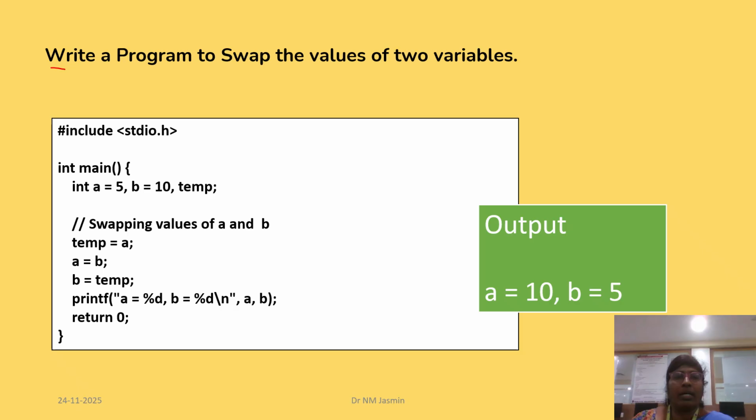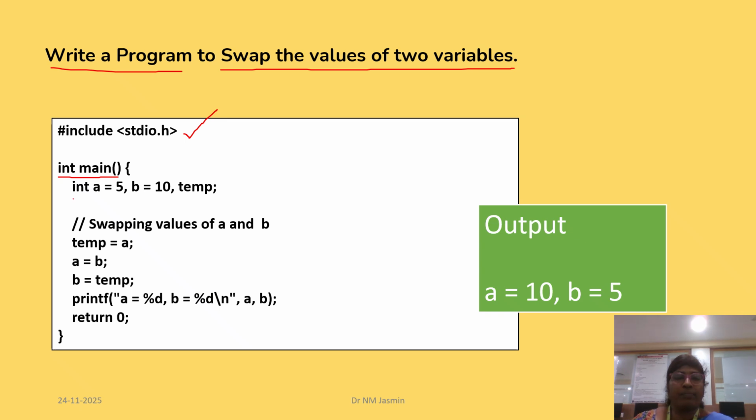The next program is to write a program to swap the values of two variables. Swapping means replacing one place with another place. For that, again start the C program with hash include stdio.h for input output functions. Start the main function of C and start the execution with a curly bracket.